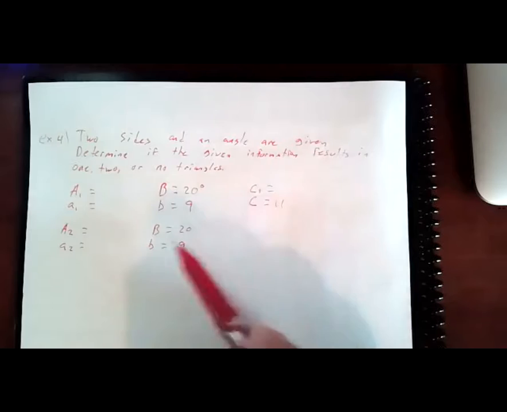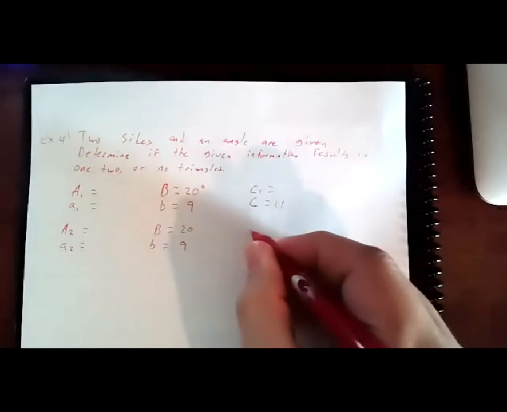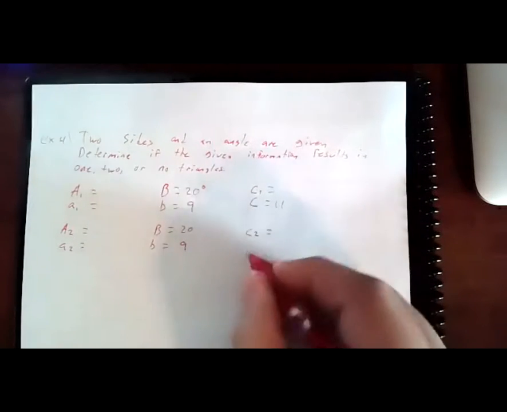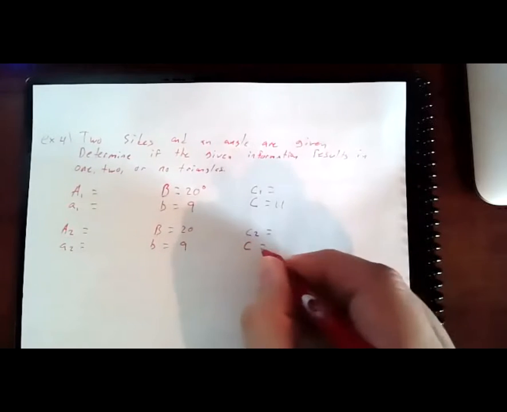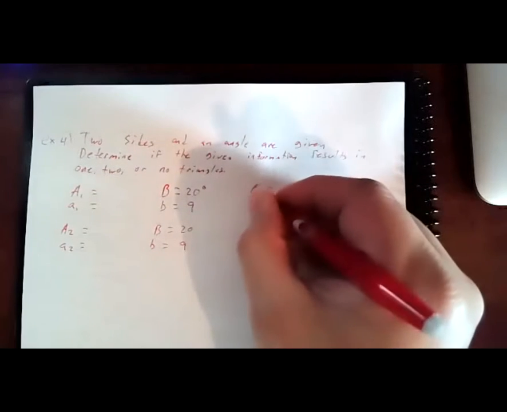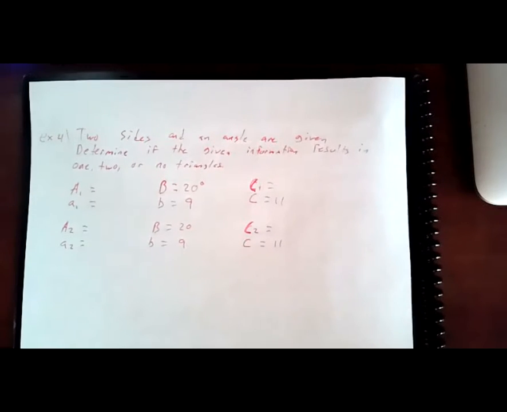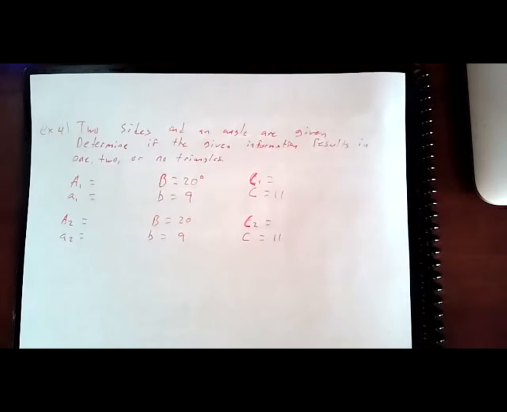Okay, so this is me just trying to make it a little easier to understand. Alrighty. Just because I know for a fact this question is going to have two triangles, I set it up this way. They will not tell you.